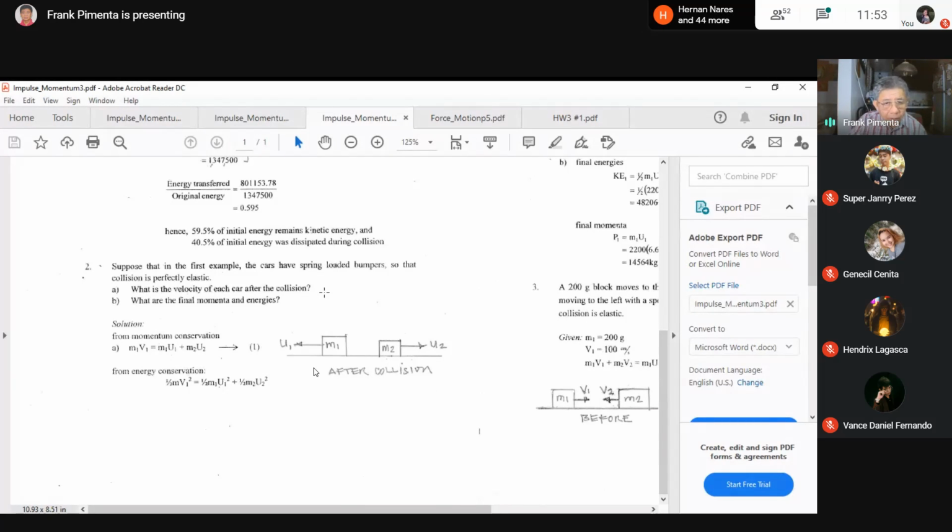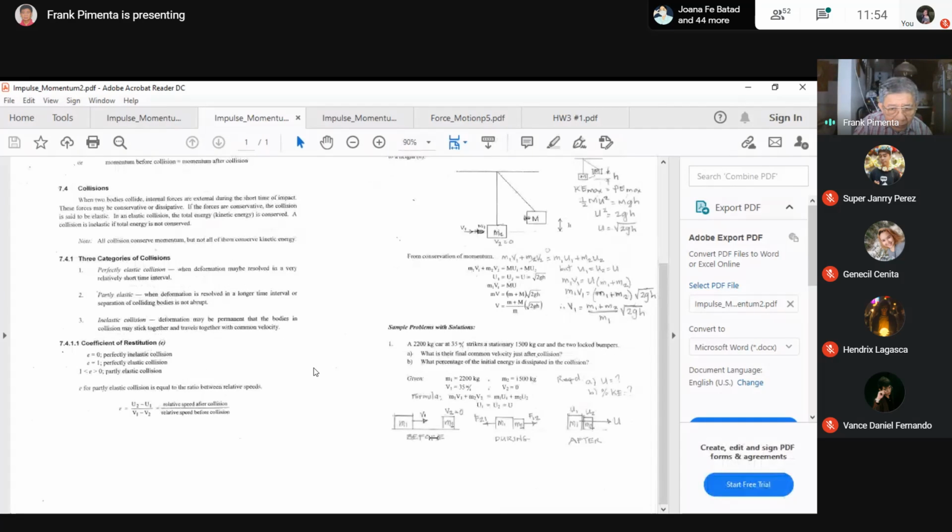Now, the same problem, supposing as in the first example, the cars have spring-loaded bumpers so that the collision is perfectly elastic. So, this one is elastic. The first one had locked bumpers. Here, the bumpers are spring-loaded, so they will separate. That's why the collision is called perfectly elastic. So, we have the same diagram for the momentum before and during.